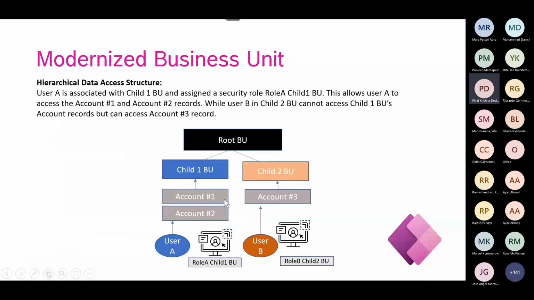Say user A belongs to child 1 BU, and if I enable this new structure, I will be able to assign a security role, role B from child 2 BU, a different business unit, to this user A. When I do this, automatically the records which come under the access limits of that security role fall under the access limit of user A as well, right?